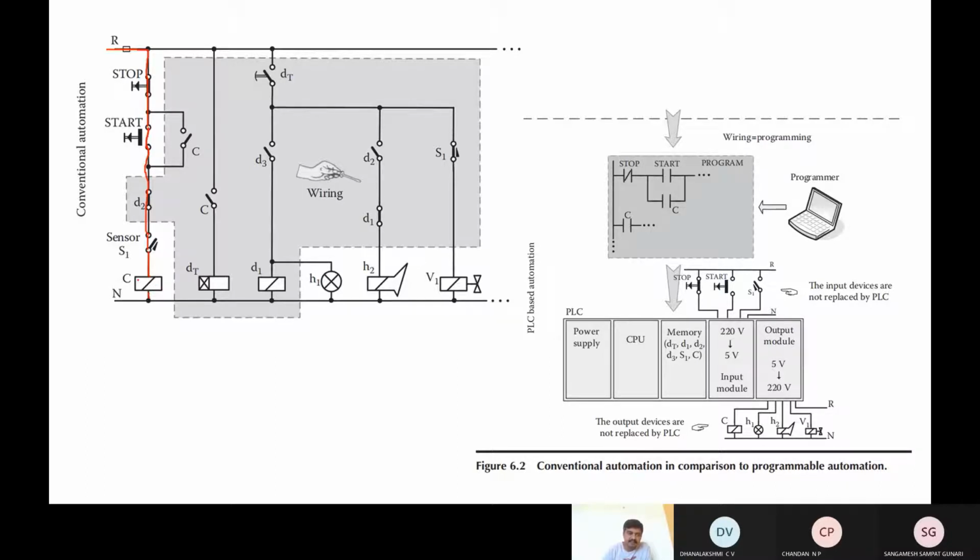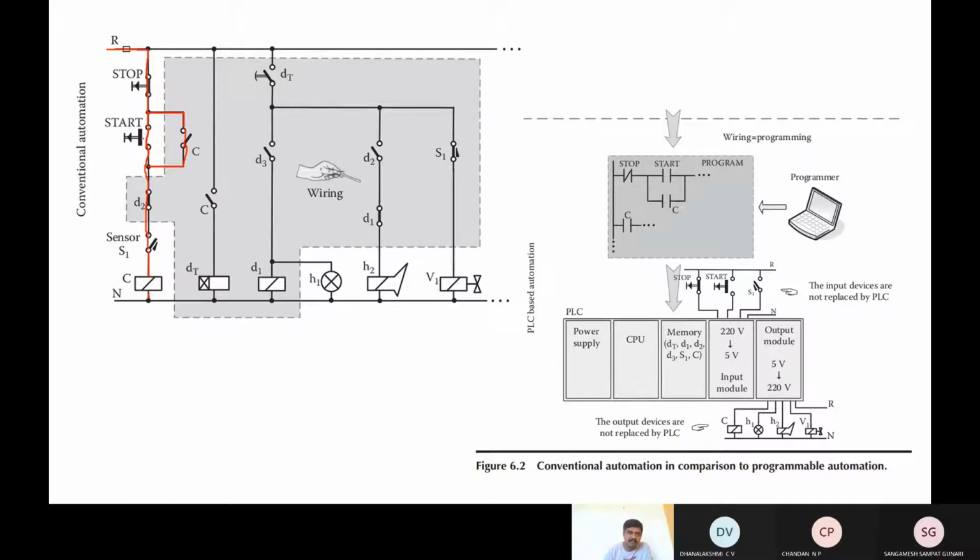Then it will get actuated. This is linked to this contact C. When the relay gets energized, this open contact will become closed. Once it becomes closed, even if you release the start button, since it is a self-latching circuit, there will be continuous flow.